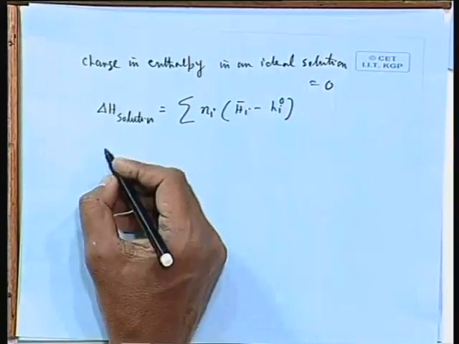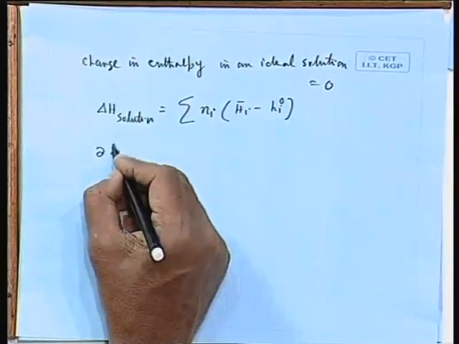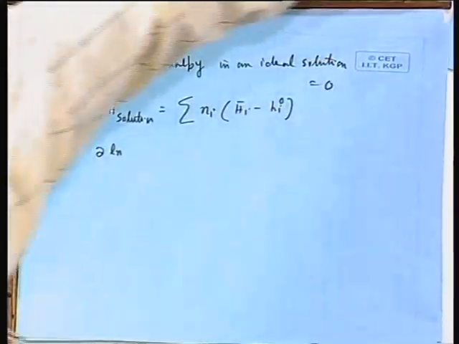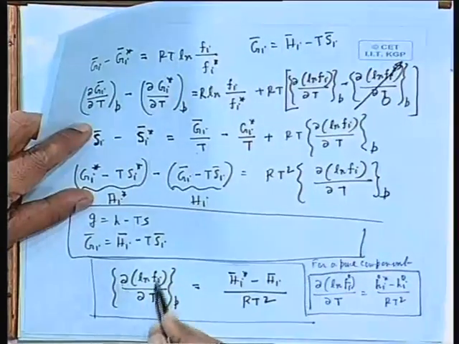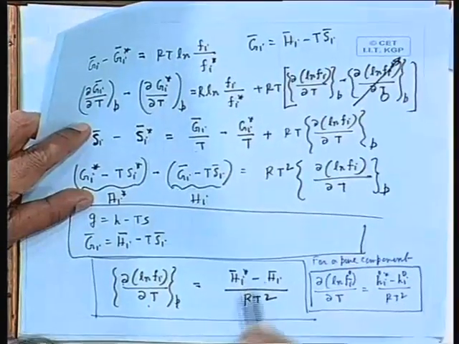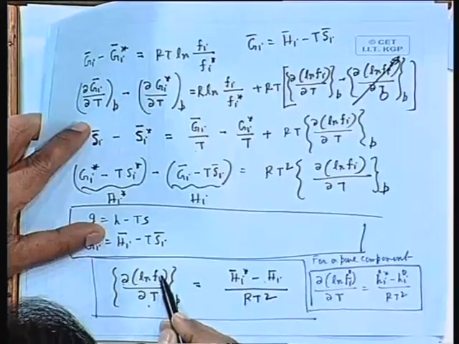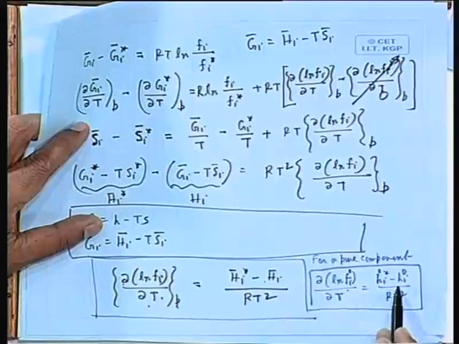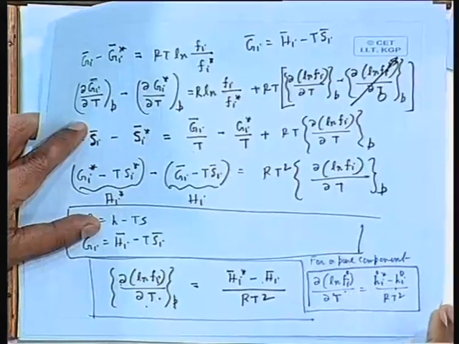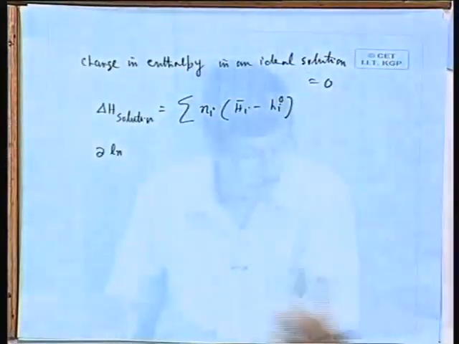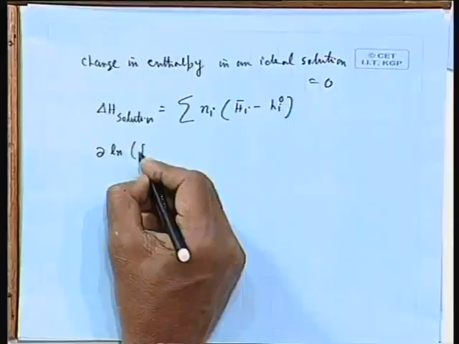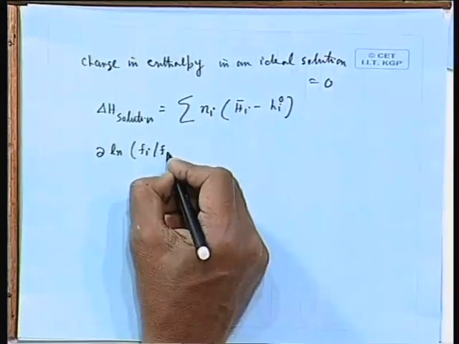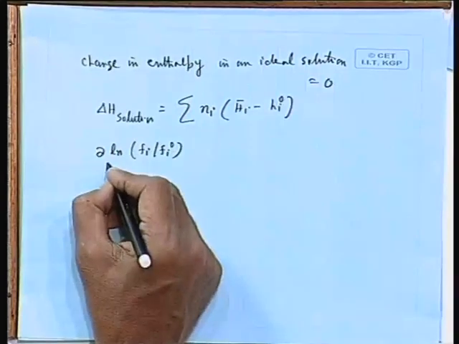And also we can write in the similar fashion, if we see this expression earlier, del ln Fi by del T at constant pressure is this for the ith component present in a multi-component system and at its pure state, which we have defined earlier. You do it at home, everything line by line, I will not do it in the class.